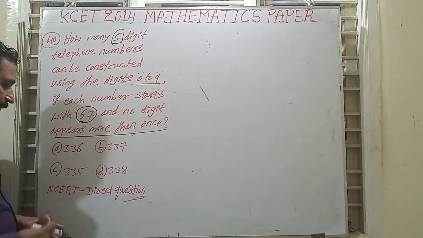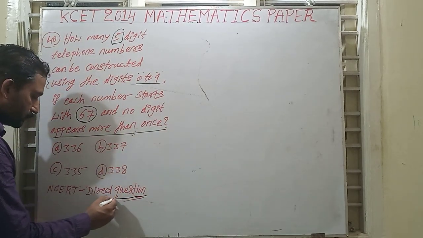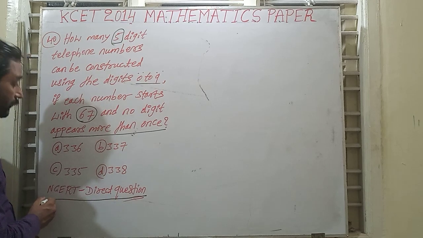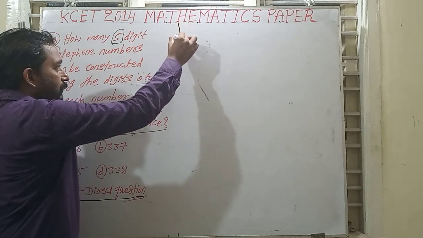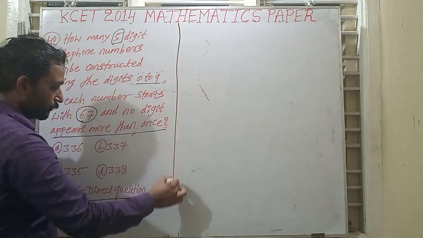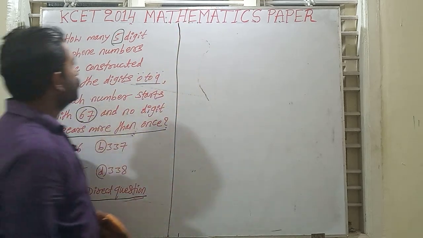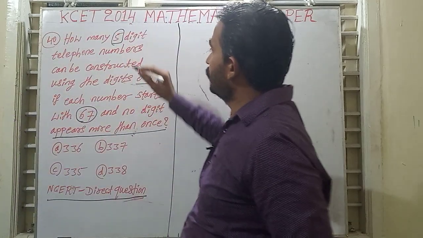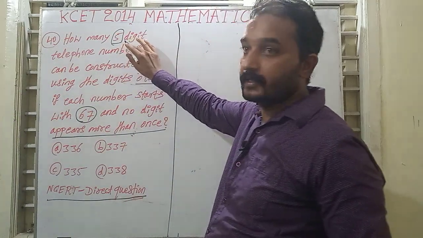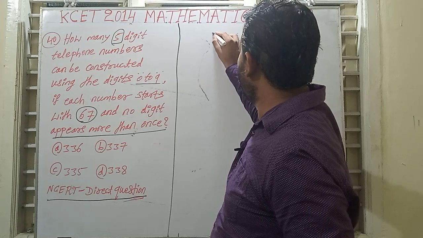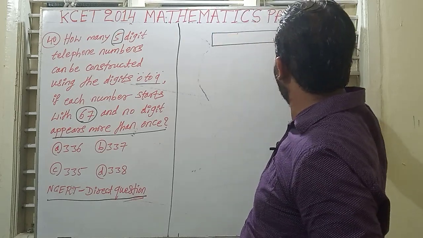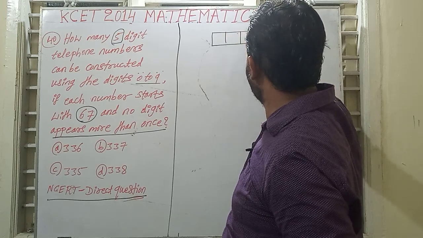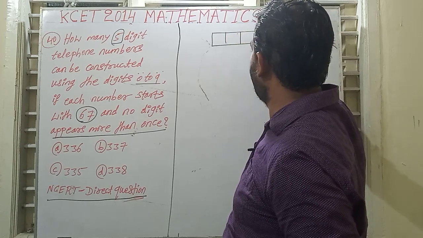So this is a direct question without any change in numerical values, taken directly and placed in KCT. So we can solve it very simply. We have to use the box method here. How many digit telephone numbers can you find? 5 digit telephone numbers, so take 5 boxes: 1 2 3 4 5.